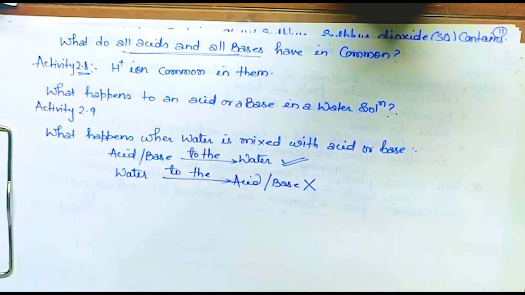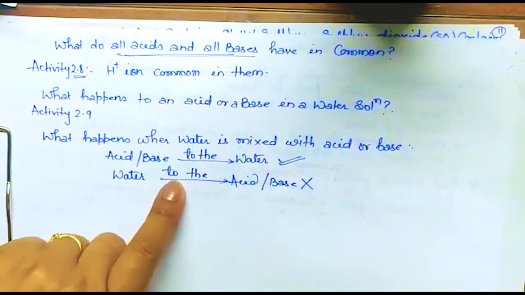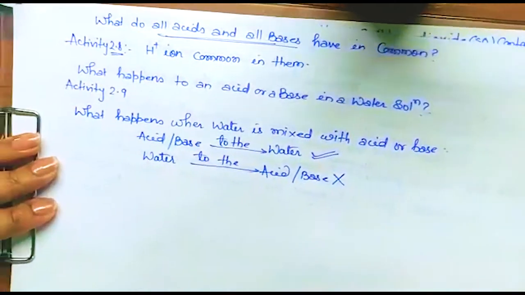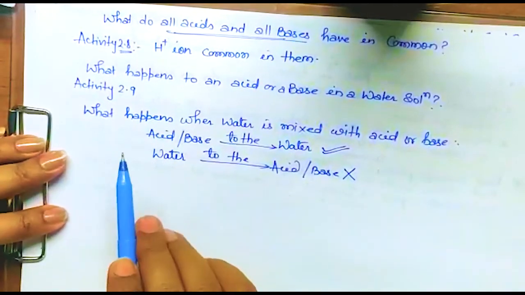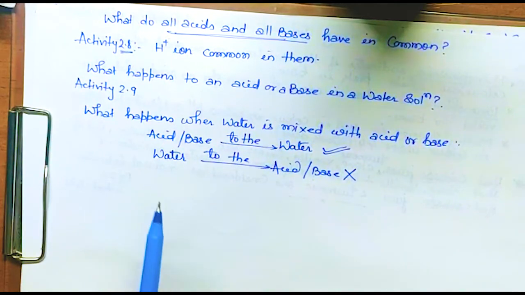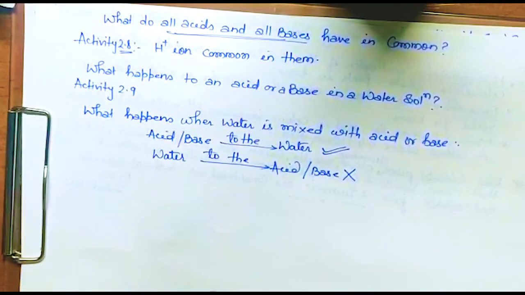So it won't be that much harm as it can be in the second case. Got it? This is one thing you have to keep in your mind, and the question can be asked: why we should add the acid or base to the water, and water should not be added to acid or base. What is the reason? That you are supposed to write.